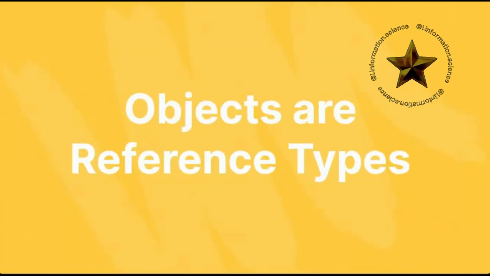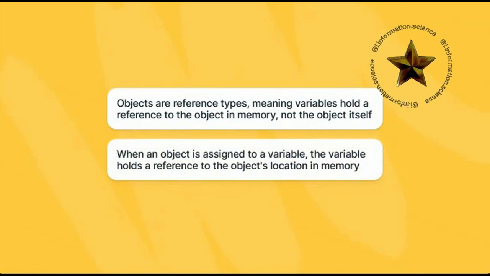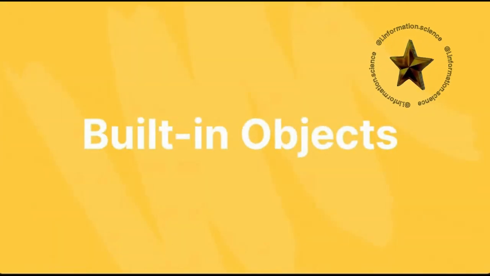Objects are reference types. Objects are reference types, meaning variables hold a reference to the object in memory, not the object itself. When an object is assigned to a variable, the variable holds a reference to the object's location in memory. Built-in objects.